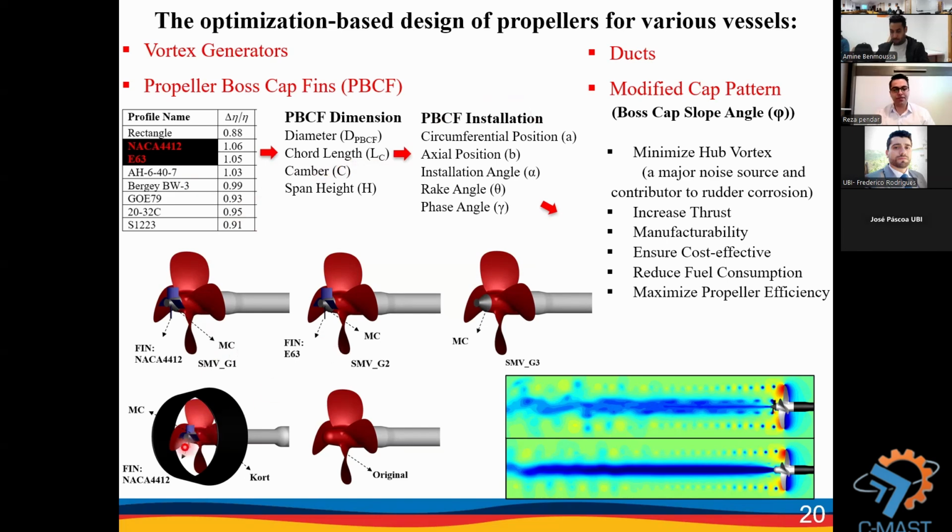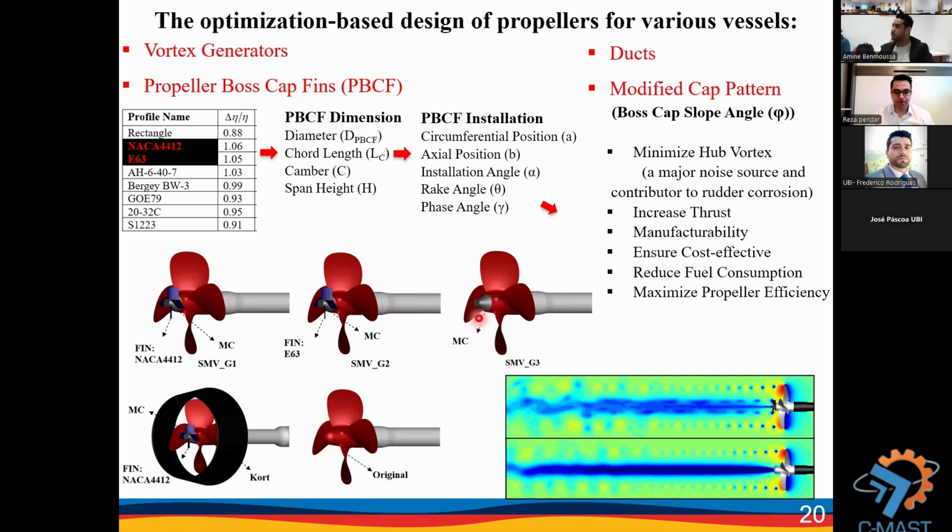Another component we added to the propeller to increase the thrust and at the same time decrease the noise level is a duct over the surface of the propeller, together with a modified cap pattern, which we call a diverge cap pattern instead of converge.